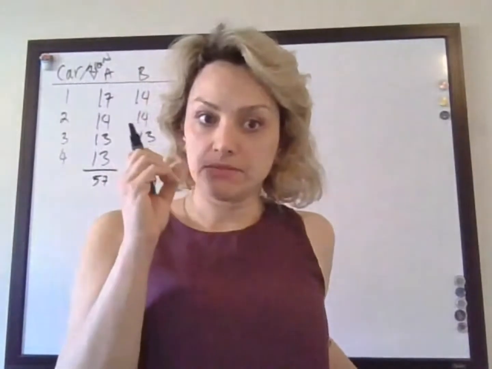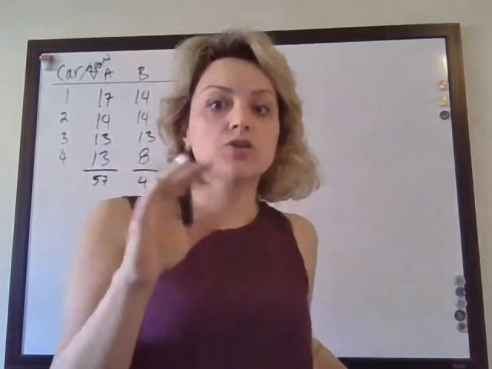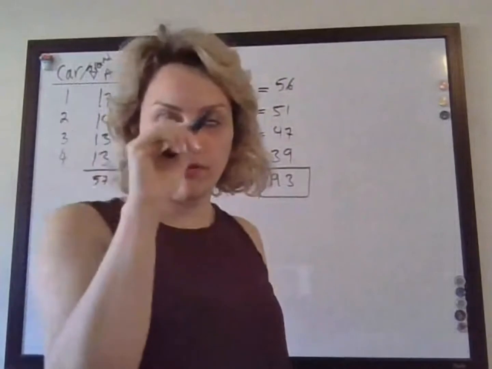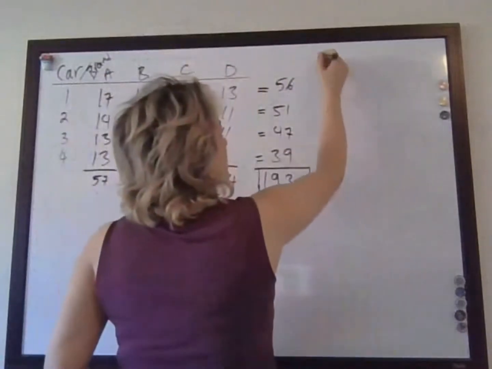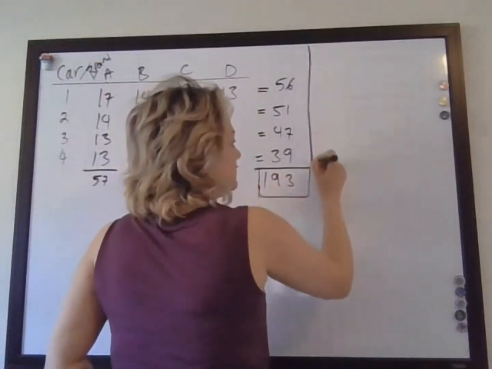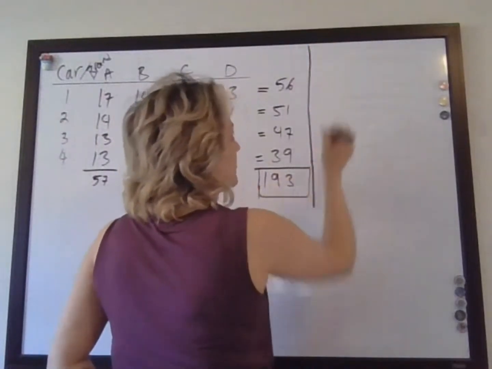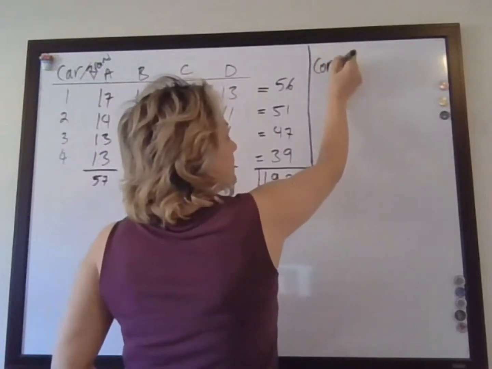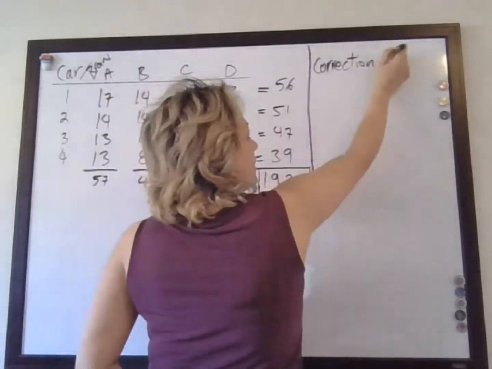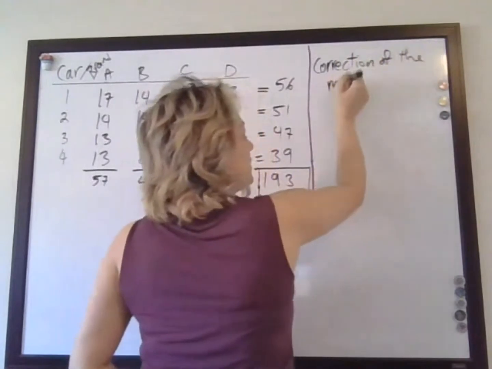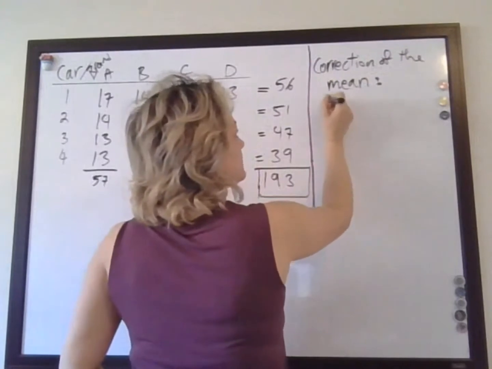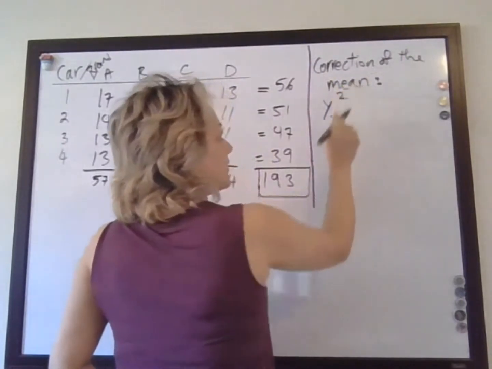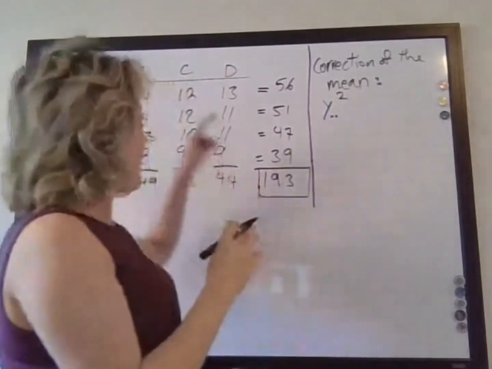We use the correction of the mean for all of the sums of squares when we want to find them. So I'm going to write y double dots squared divided by N. The correction of the mean is equal to the grand total, right?